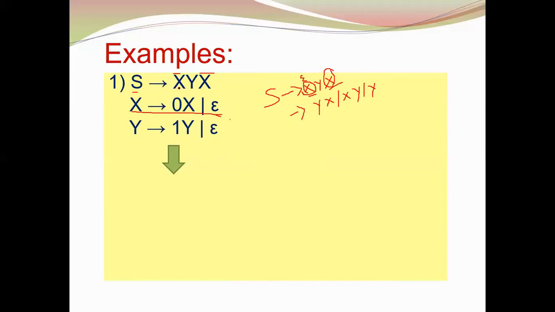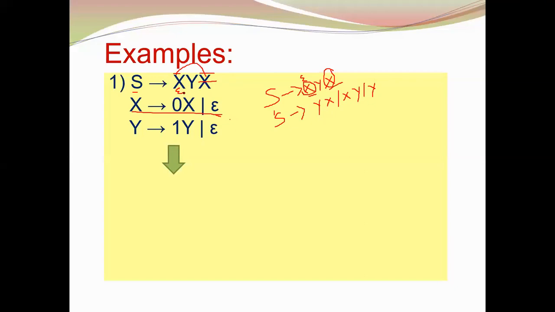If I am substituting epsilon for this X, the remaining things I have to write. Epsilon is nothing but empty, right? So if I'm substituting epsilon for this X, my grammar is S tends to YX. And if I'm substituting epsilon for the other X, my grammar is XY. If I'm substituting epsilon for both X's, the value is Y.